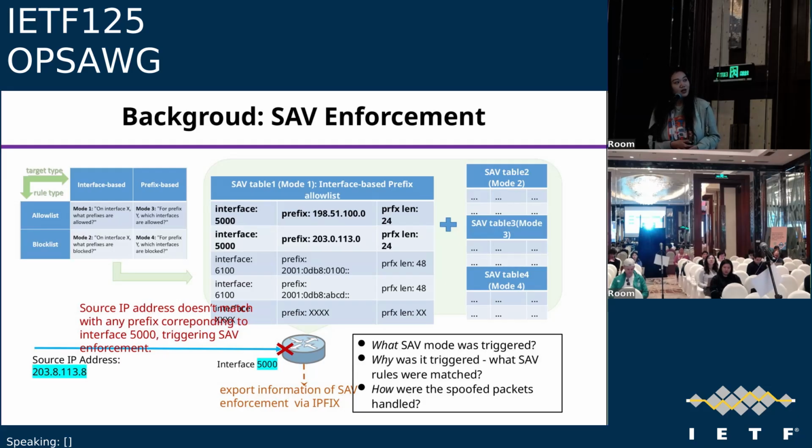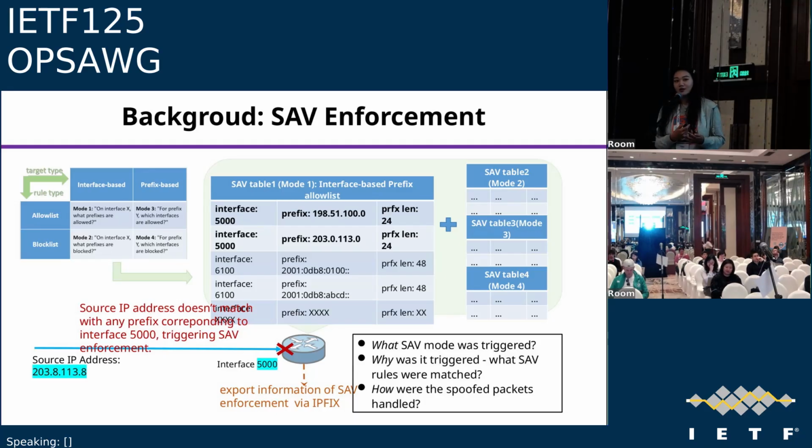When the packet comes in on the interface, the router checks whether the source prefix matches any of the prefixes in this allow list. If yes, then the packet is permitted. If not, then the packet is detected as spoofed. And the routers may take actions on these packets, like dropping, rate limiting, or just sampling the packets.